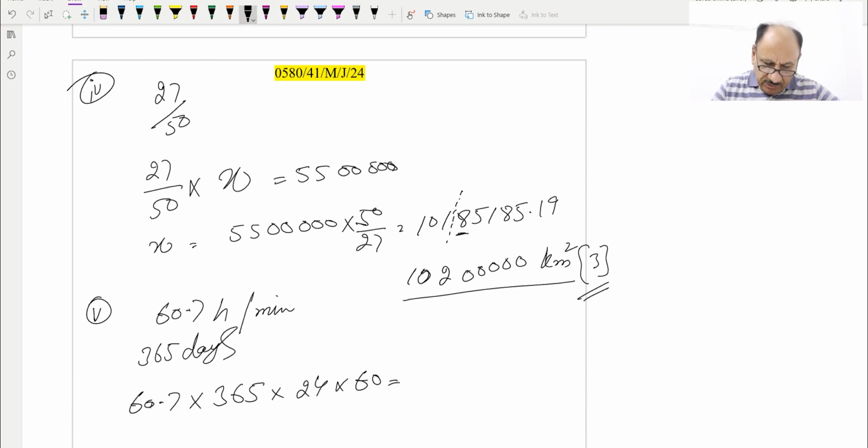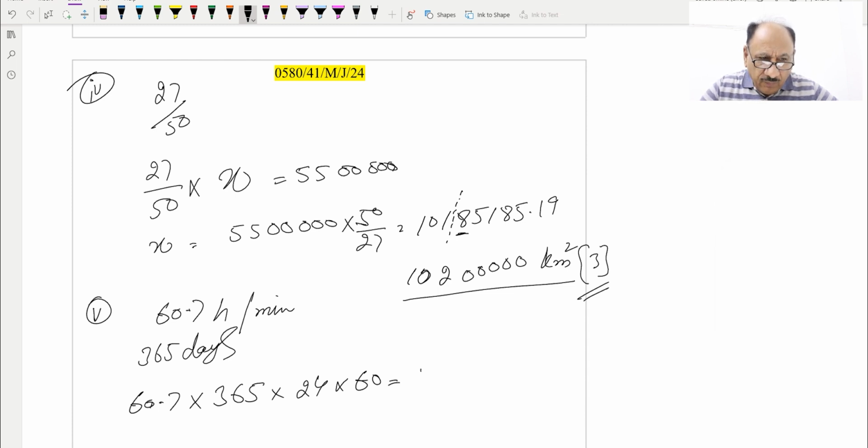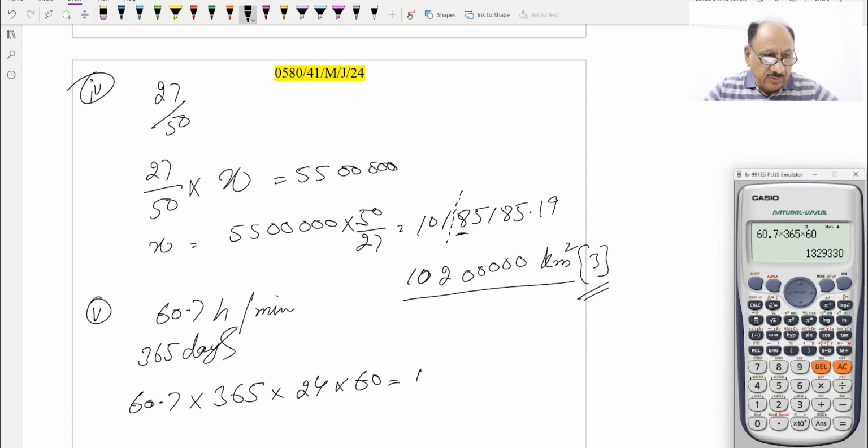We can calculate this: 60.7 multiplied by 365 and multiplied by 60 gives us 1329330. Let me double check this. 60.7, 365. We missed 24, so let us multiply by 24 also.